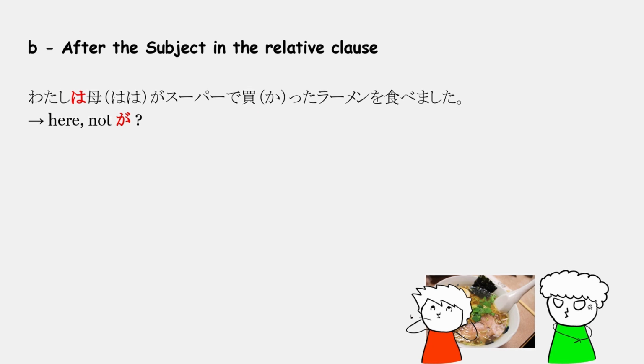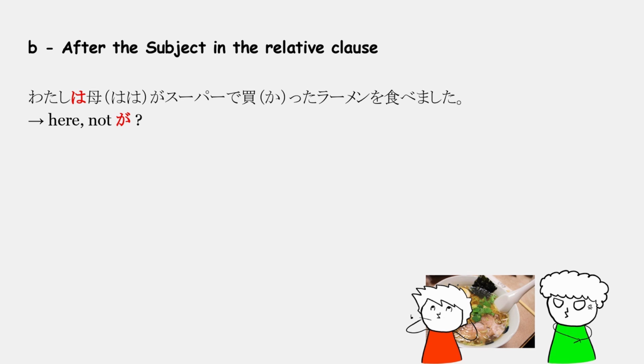But how can we understand the following phrase like this? Maybe you have already seen something like that before. 私は母がスーパーで買ったラーメンを食べました。There is は after 私。But we must change は to が。No? Why は?